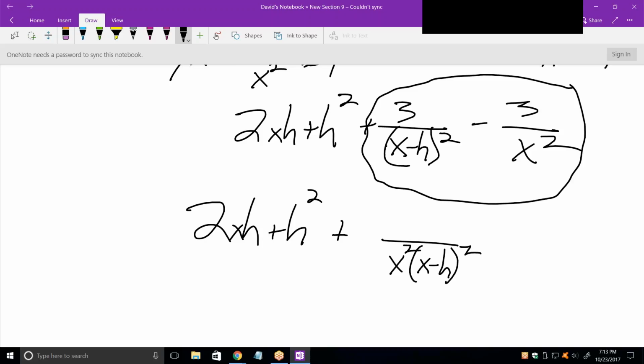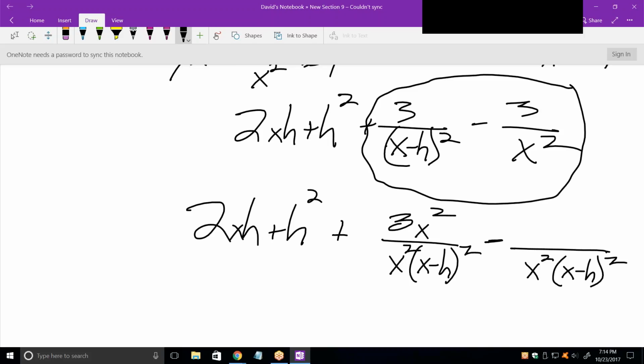That makes sense. And the upper left has to be what I started with, because the x squareds cancel.